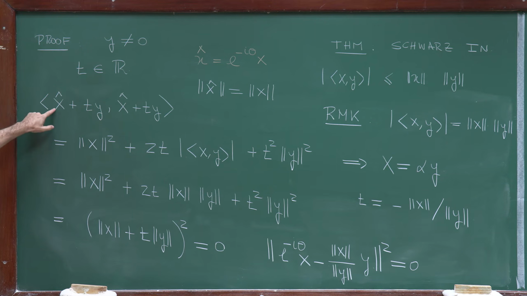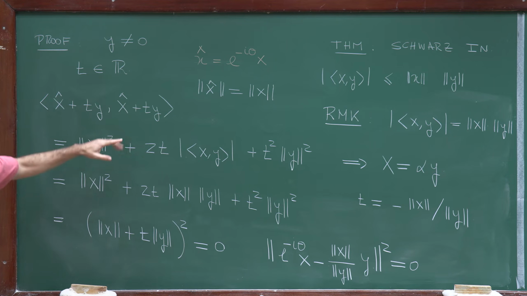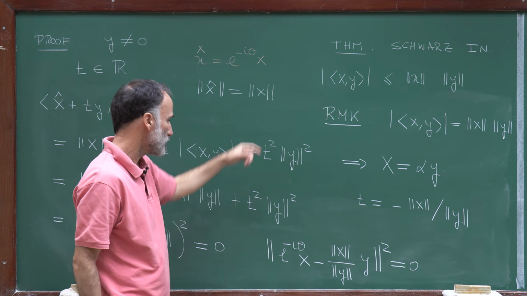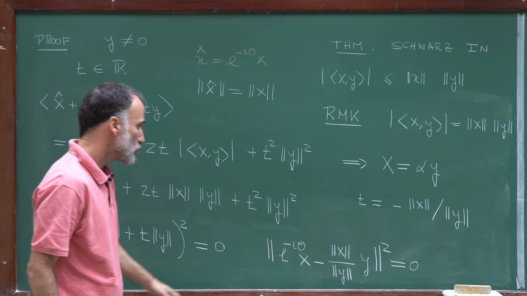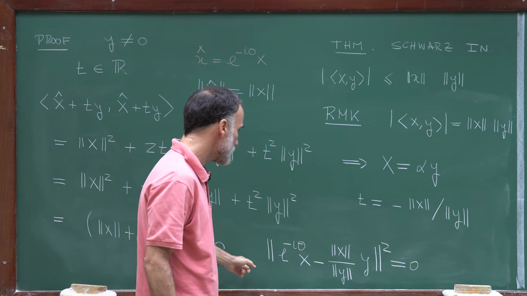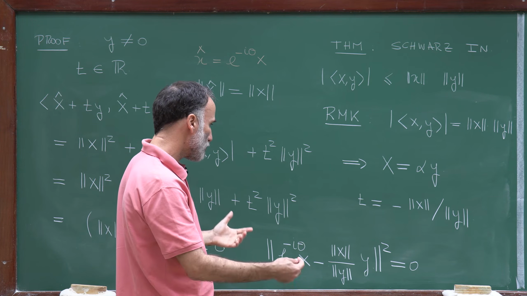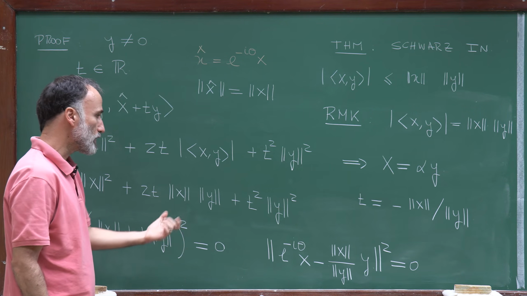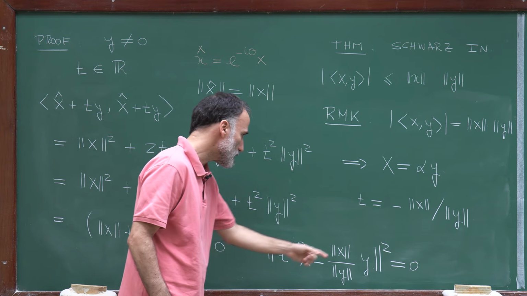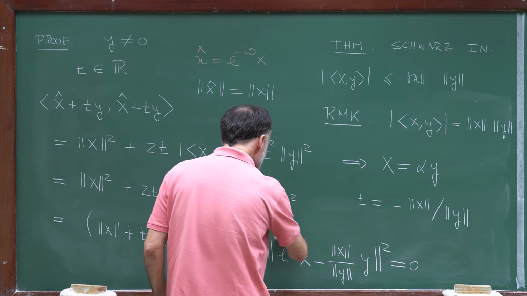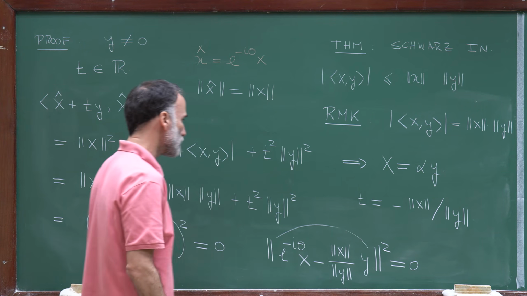Because this is the scalar product of x hat plus t y with itself, and by definition this is the norm squared. Since the scalar product of a vector with itself is strictly positive unless the vector is zero, this means that the expression is equal to 0.